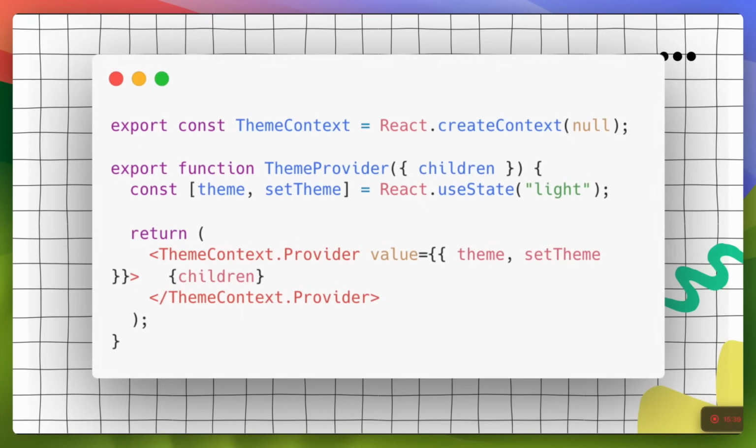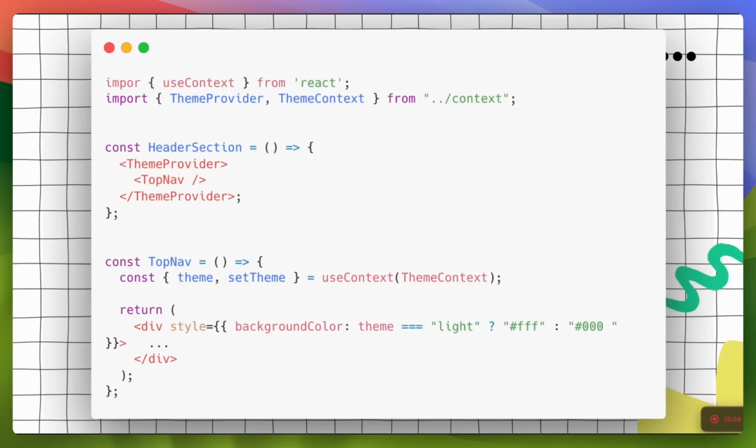So what you are doing in this provider is basically creating a theme state variable, and you are exposing that state to all the children, right? And then you can wrap some component within this provider. Either you can wrap your entire app in the index.js file, or you can wrap a certain component itself.